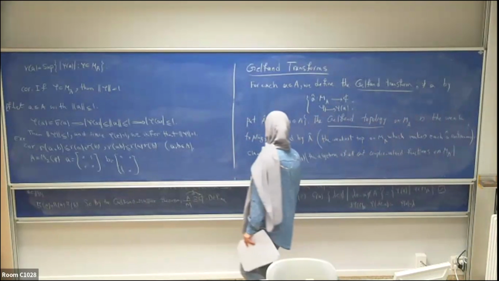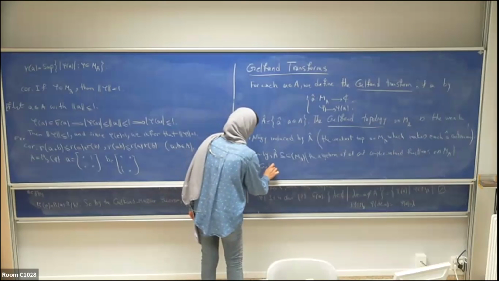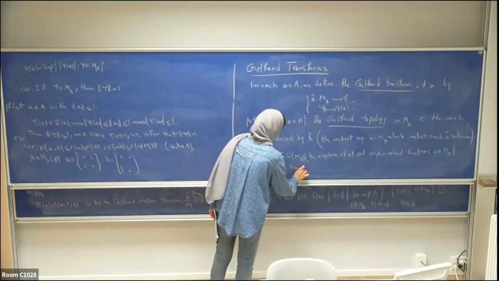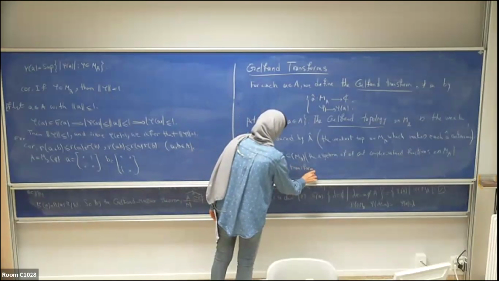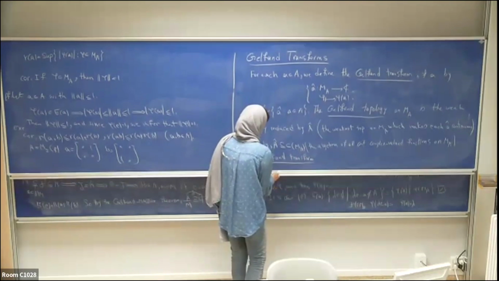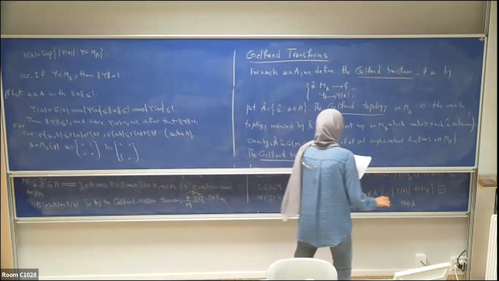The Gelfand transform of A, as an algebra, is the map.